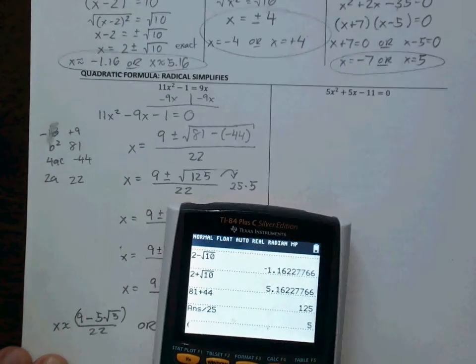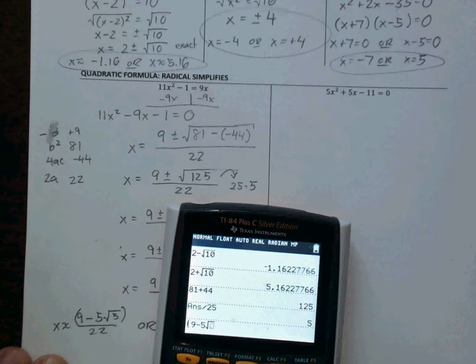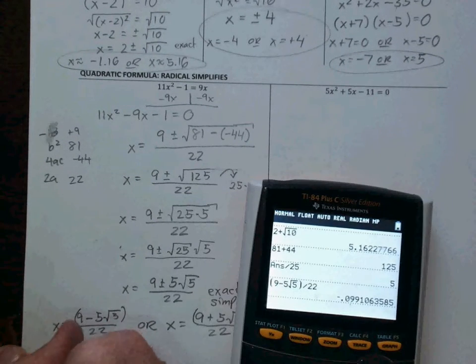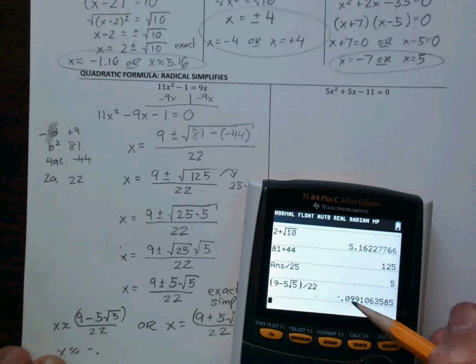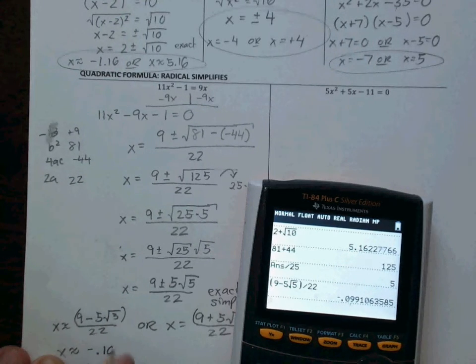So there are my parentheses, 9 minus 5 square root of 5. Close the parentheses and divide by 22. So this is x is approximately equal to negative point. Now here, if I round to the second decimal place, this is a 9, so I'm rounding up here. So it's got to be a negative 0.10. And I leave the 0 there to know that it is rounded.